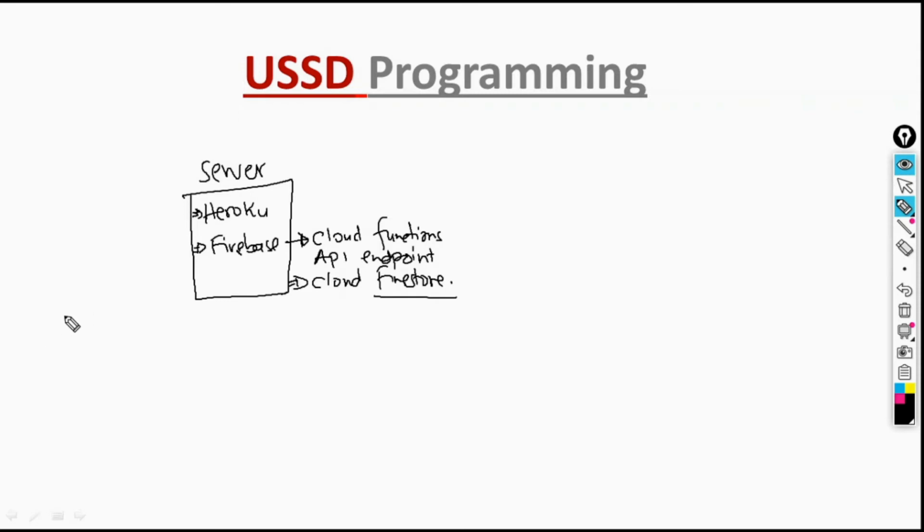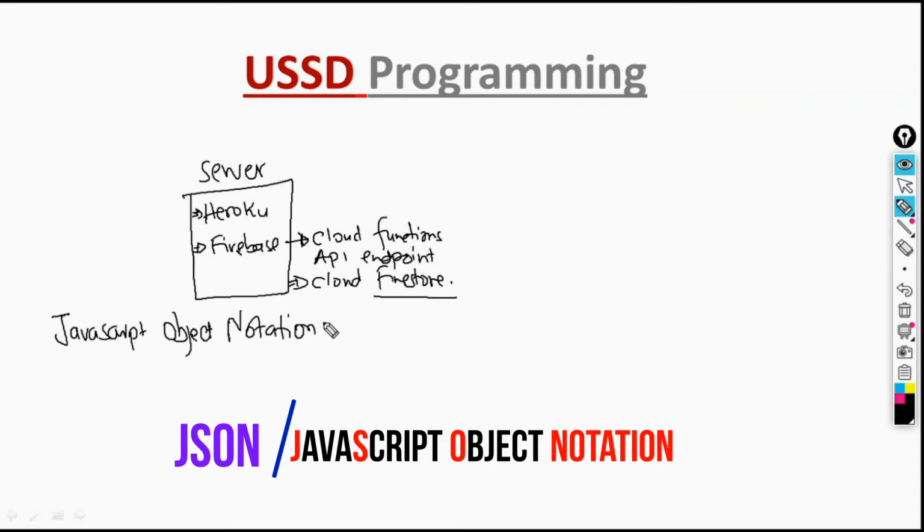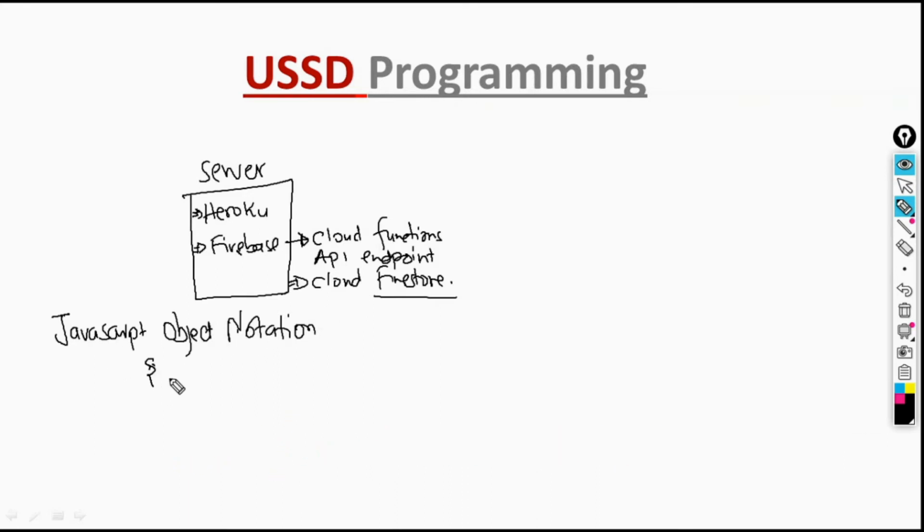If I may just expound on what Firestore is. Firestore is a database that uses JavaScript Object Notation, JSON. A JSON file starts with curly braces, closes with curly braces.